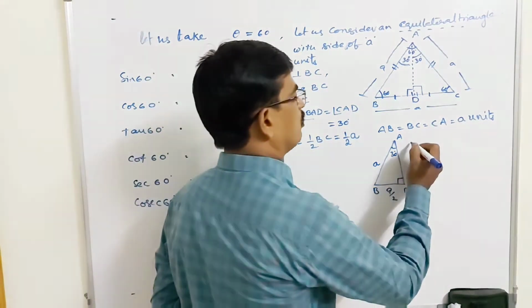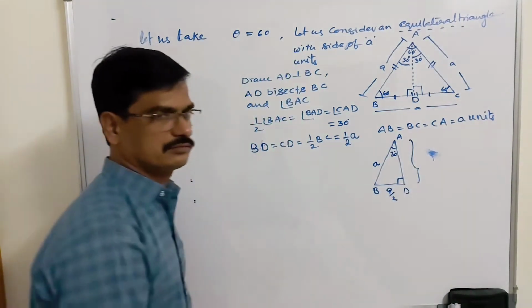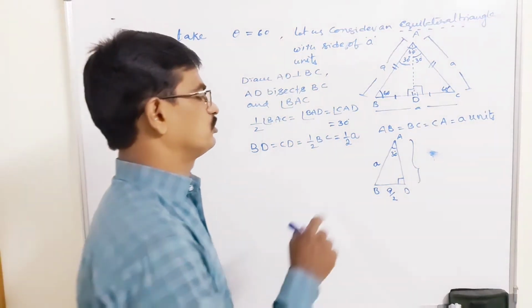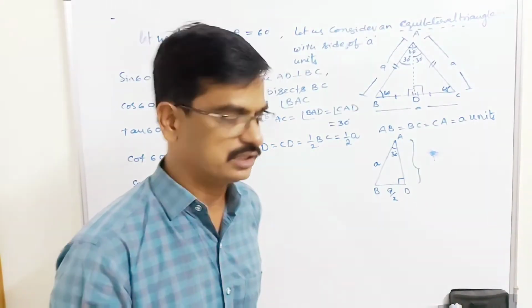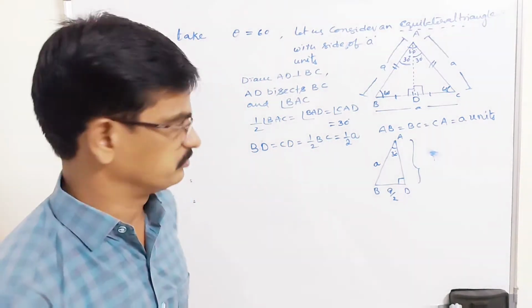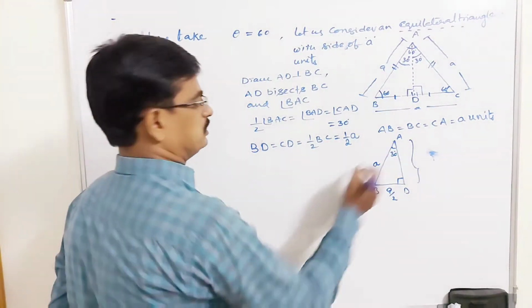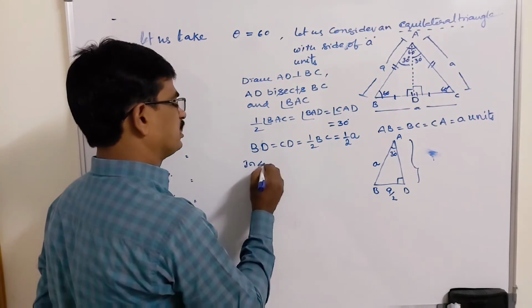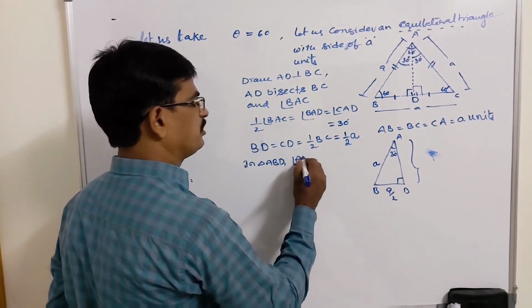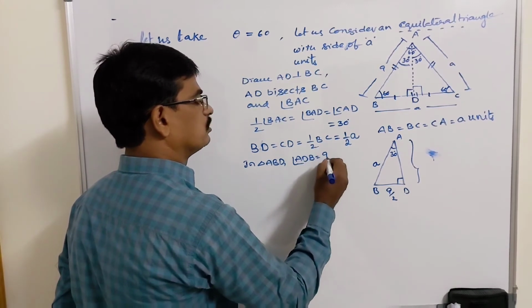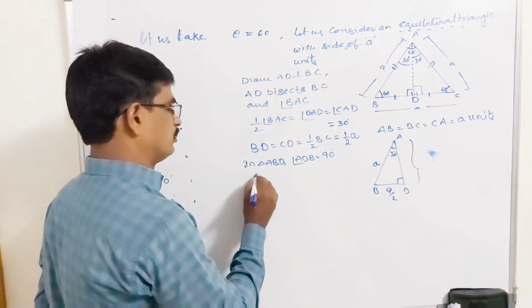Then what is the length of AD? To find the length of AD in triangle ABD, use the Pythagorean theorem. We know that in triangle ABD, angle ADB is equal to 90 degrees.